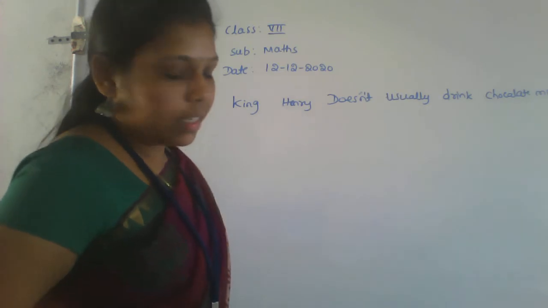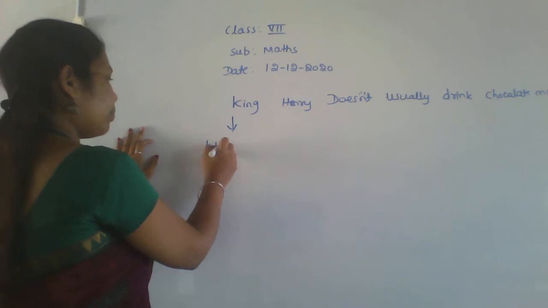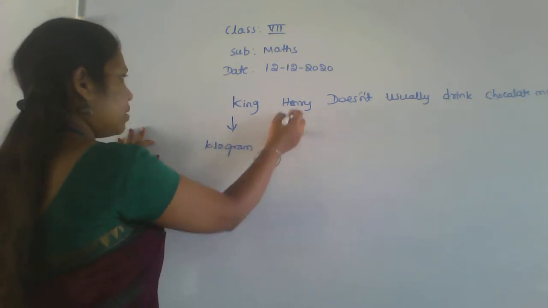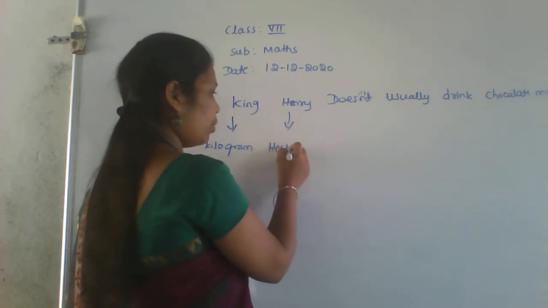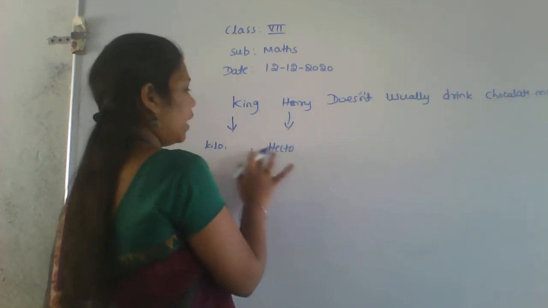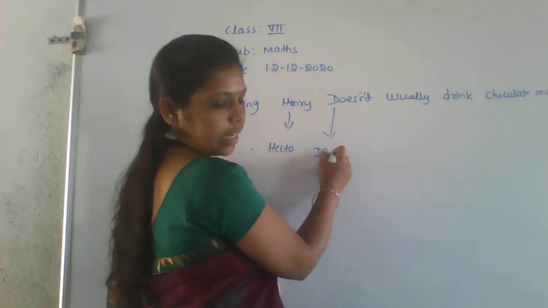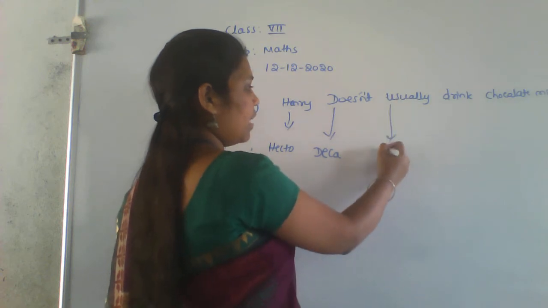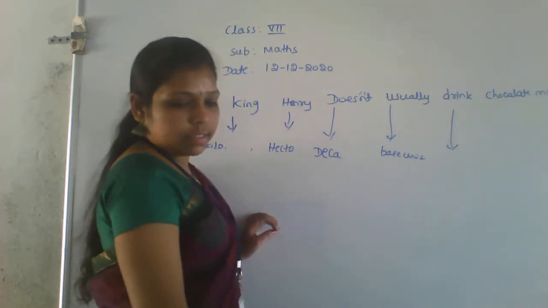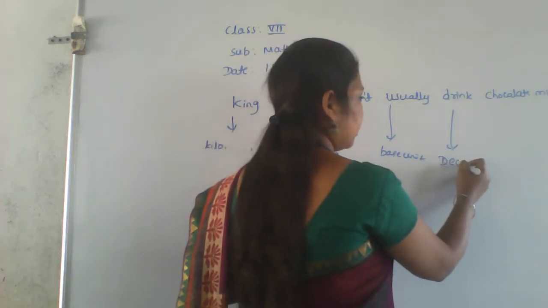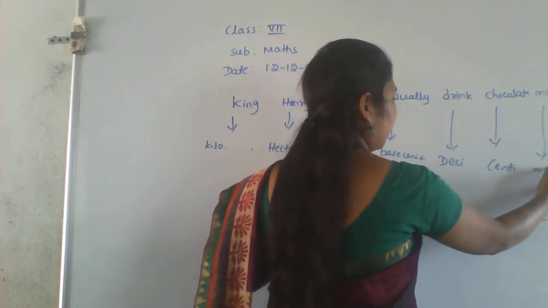Okay, so here K means what? K means kilo. And what is the meaning of H here? That is hecto. Here it is kilo and hecto, and D here is deca, and this one is the base unit. D means deci, C means centi, and M means milli.